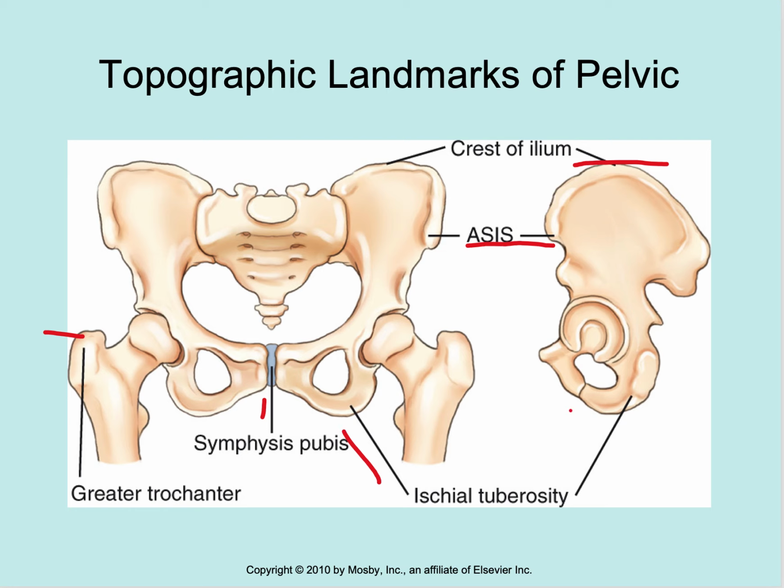Out of all of these, once again, I will say that you can palpate the iliac crest, you can palpate the ASIS. You can palpate the greater trochanter. The symphysis pubis is palpable as a landmark. You just don't palpate for it. The ischial tuberosity, we need to know where the ischial tuberosity is, but we do not palpate for the ischial tuberosity.